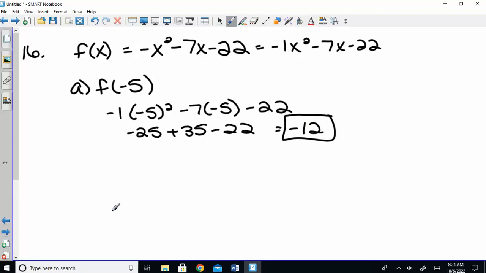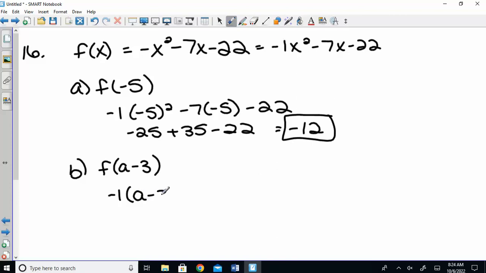We get -12. If you missed it, I'm going to bet it was that negative out in front that caused it.